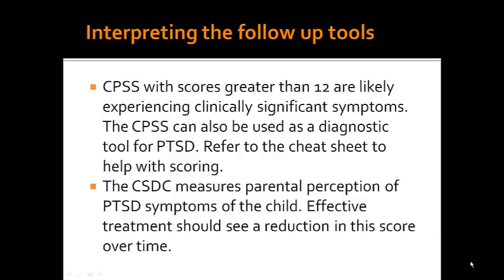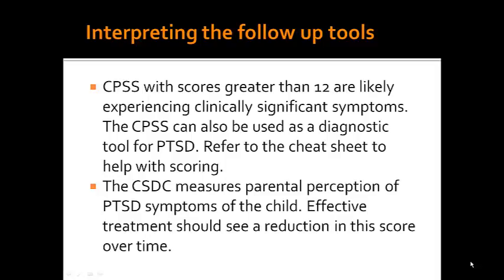So here are some cutoffs to be aware of. With the CPSS, again, this is what the child fills out, scores greater than 12 are likely indicating clinically significant symptoms that the kid is experiencing. Nice thing about the CPSS, it can also be used as a diagnostic tool.